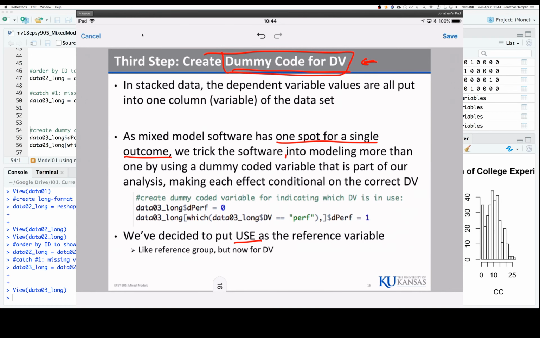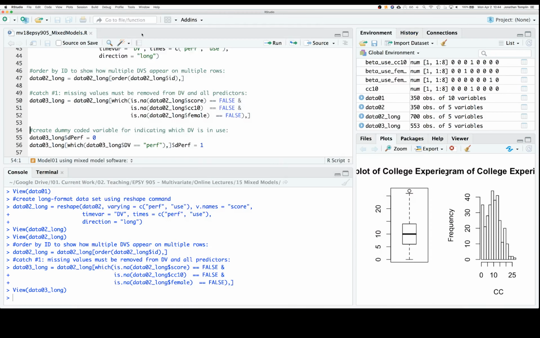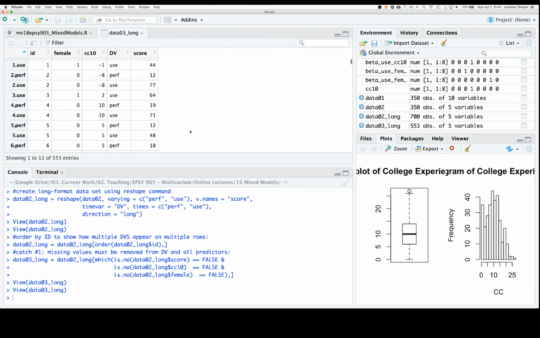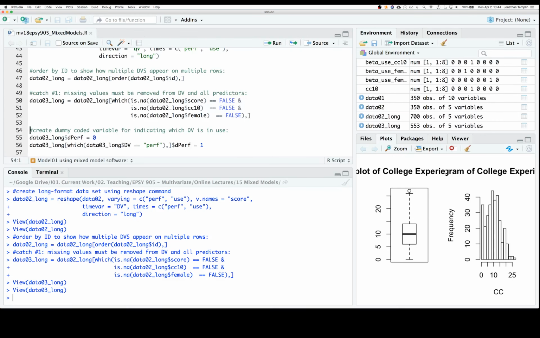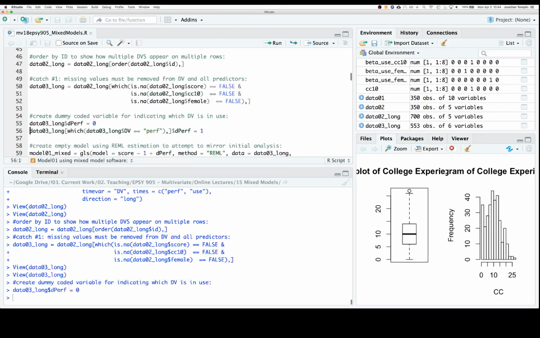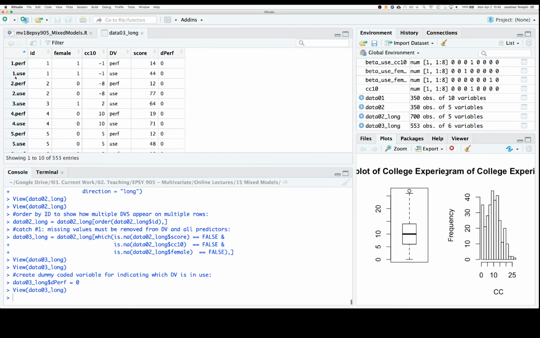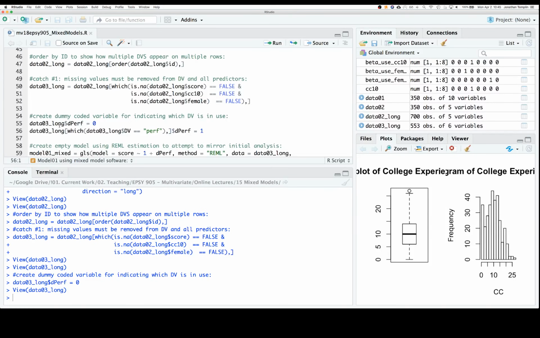So that means in my brand new data set, I am going to go over to this. In this data 03 long, remember this is our new data set that's long format that has no missing observations. I'm now going to create a variable called dperf, standing for dummy code for performance. We're going to initialize it at 0, meaning everybody gets 0 for this. And then for each case where the dependent variable is equal to perf, or performance, we're going to switch it to a 1.